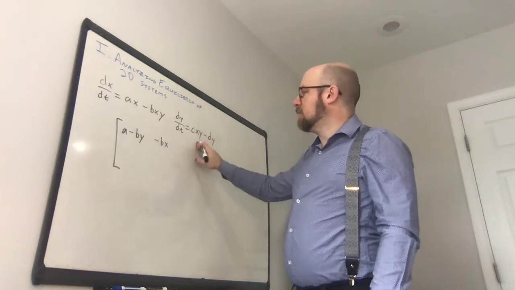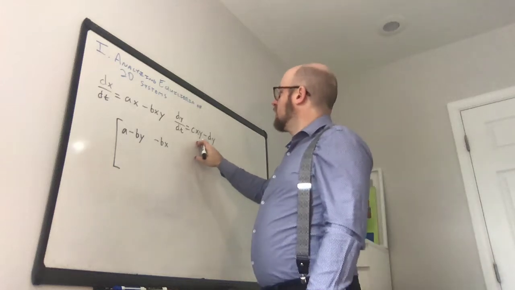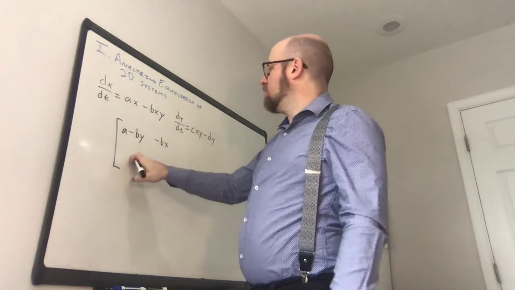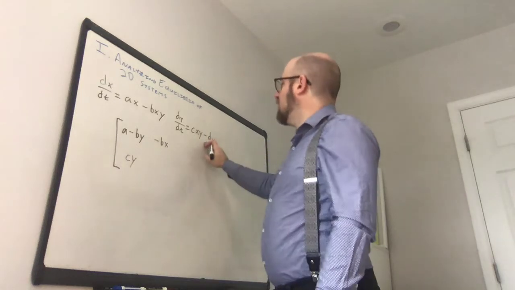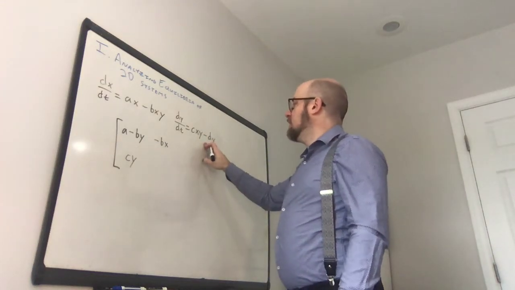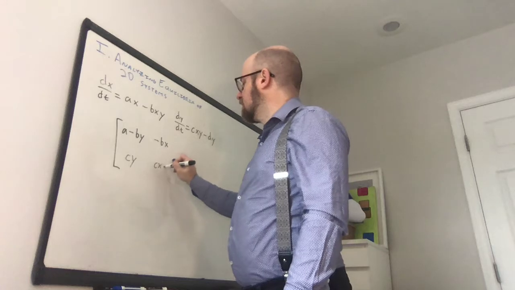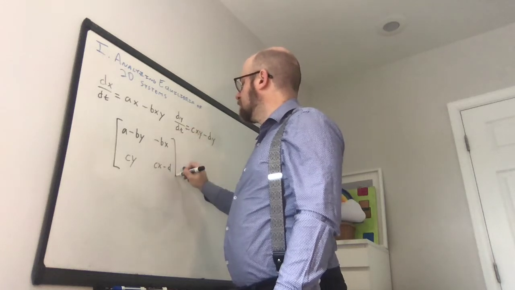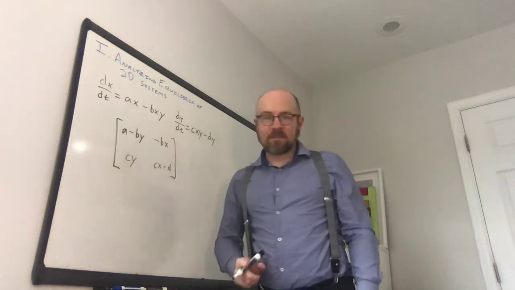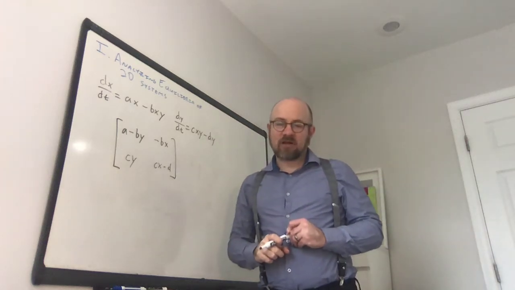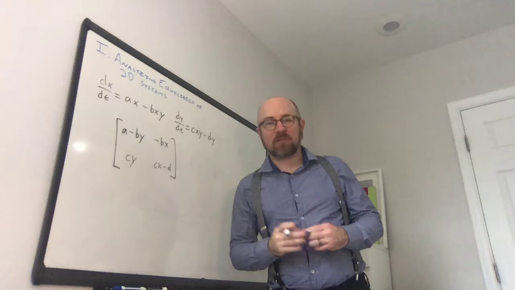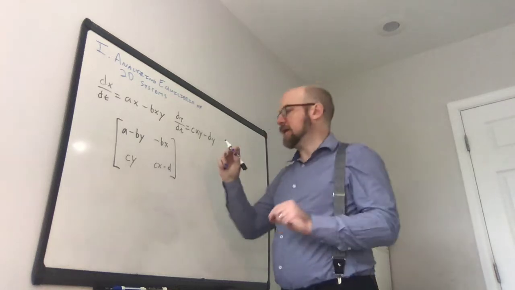Okay? Similarly, for dy/dt, the derivative with respect to x is cy, and the derivative with respect to y is cx minus d. Okay? And if you recall from the last lecture, we found two equilibria.